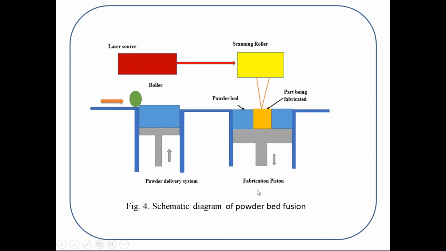Again the fabrication piston moves down by 1 layer thickness, the powder delivery system moves up by 3 times the 1 layer thickness, the roller deposits the layer, and the laser scans as per the required cross section. This process repeats until we get the required part.